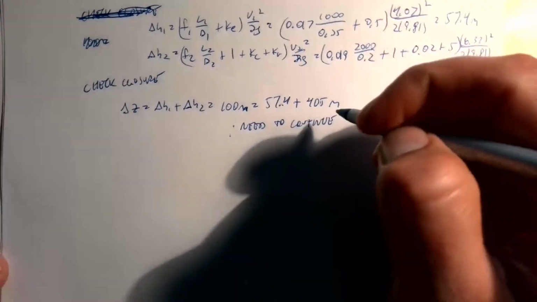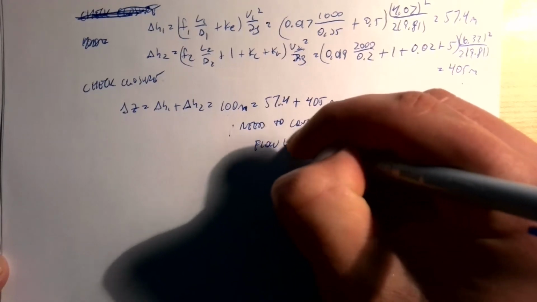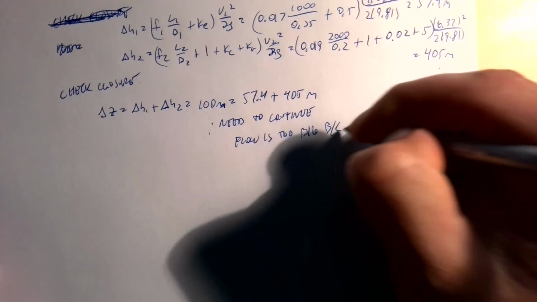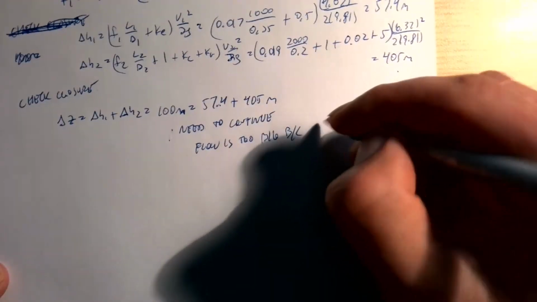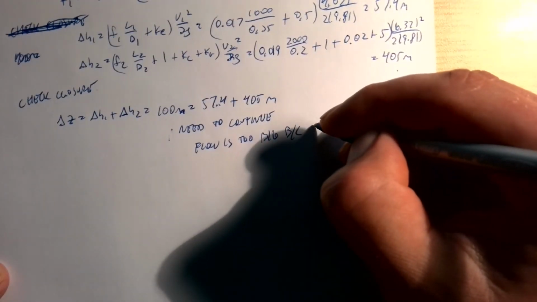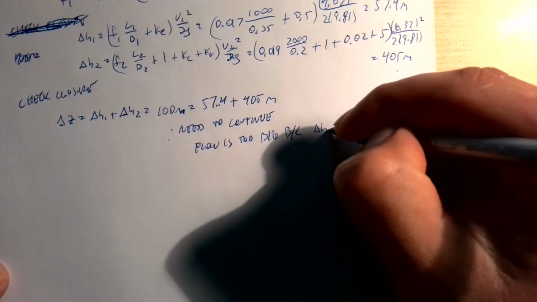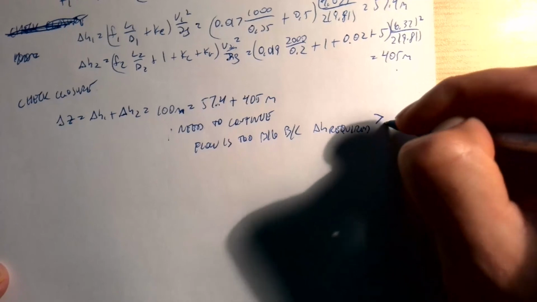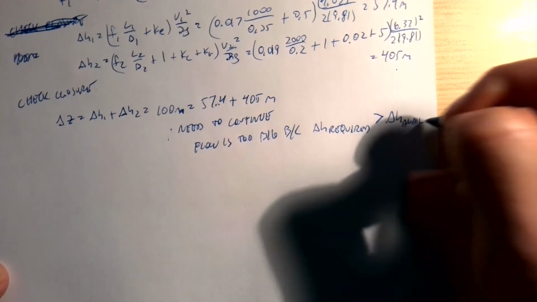So flow is too big because delta H required is bigger than delta H available, if you will.